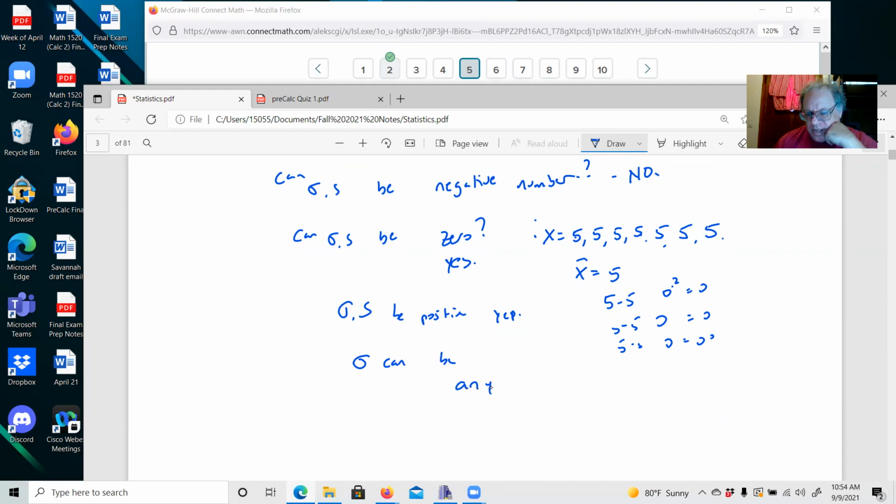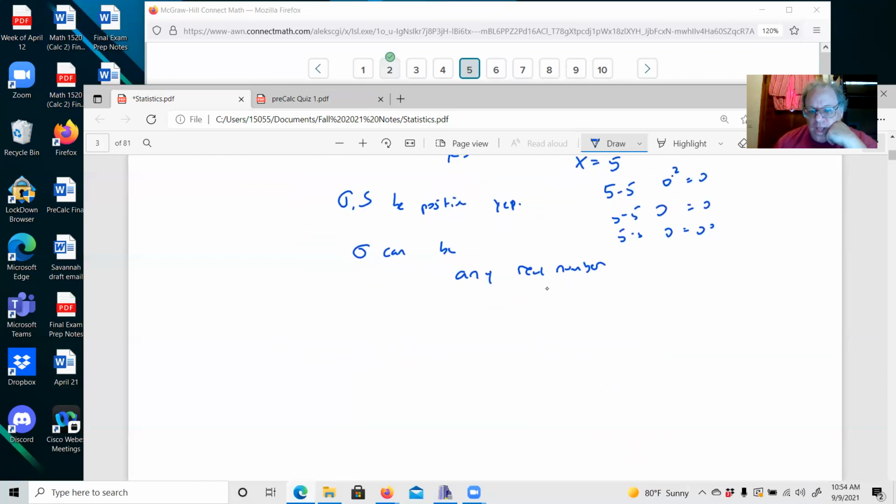Here's my first choice: any real number. I think that's all the different numbers that we have. Any positive? I shouldn't say it that way. I should say non-negative. Zero is not exactly positive, but it isn't negative. So any non-negative.